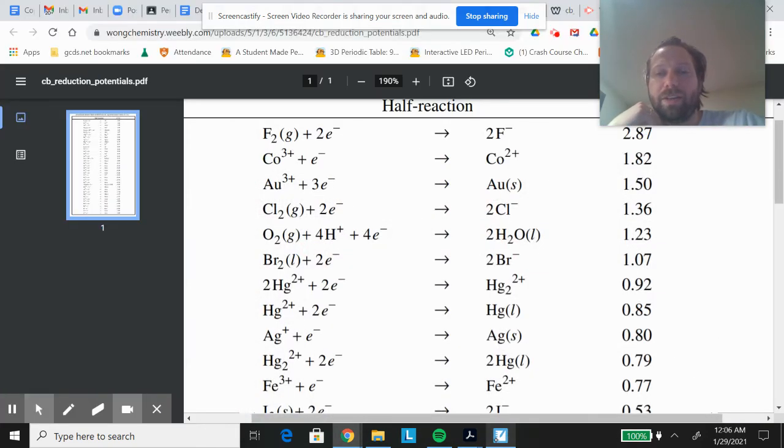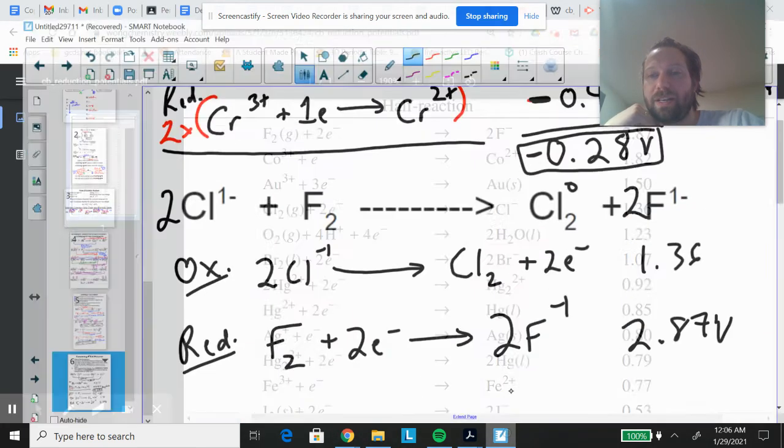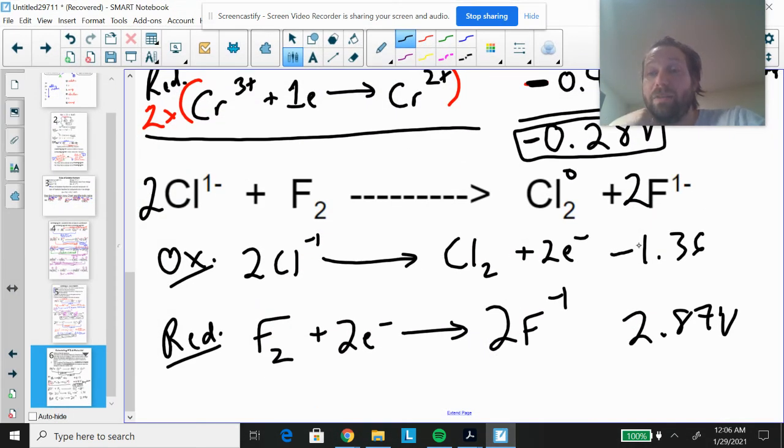So when we're writing this, we're going to write, instead of 1.36, right? Was that correct? Yes. We're going to write negative 1.36. And then we're going to add, again, add these up.